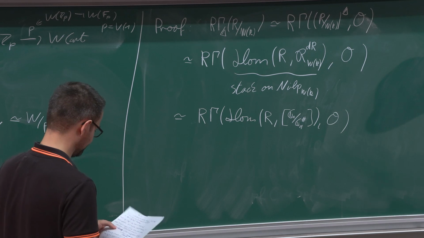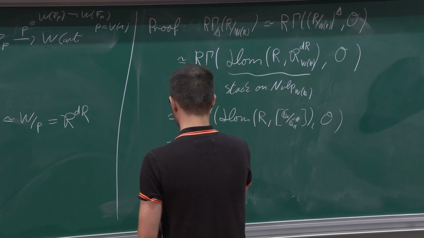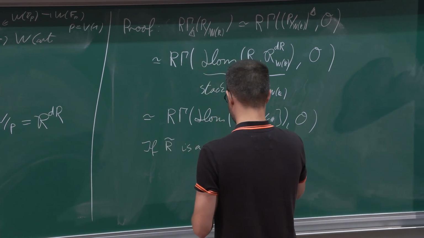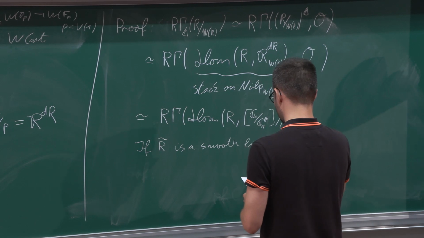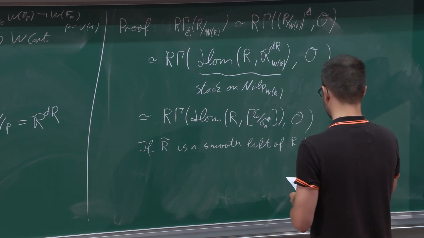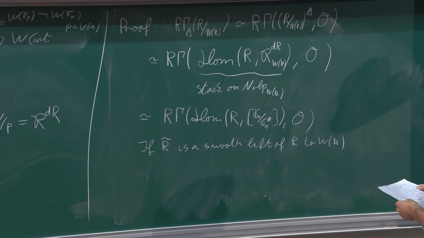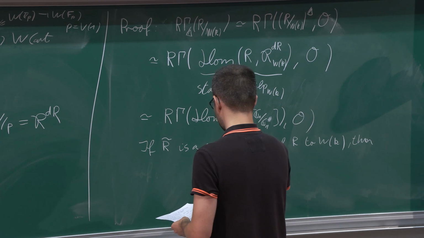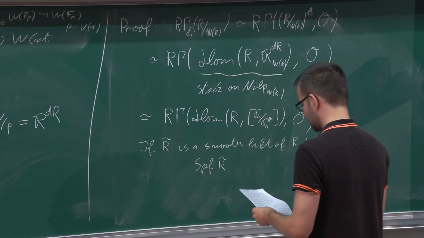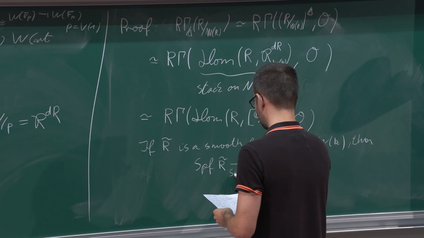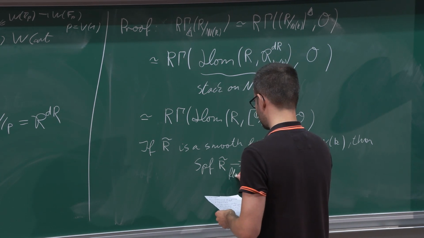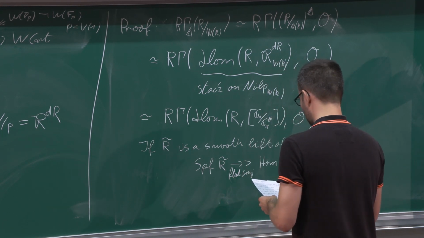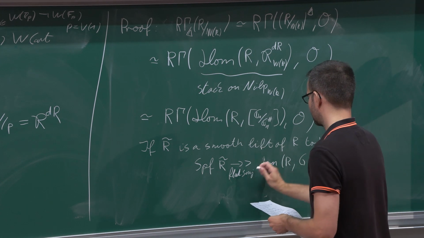And so, now, if say R̃ is a smooth lift of R to W(K), more precisely p-completely smooth, then one checks that the Spf of R̃ maps via a flat surjection to this ring stack that I've written down here.